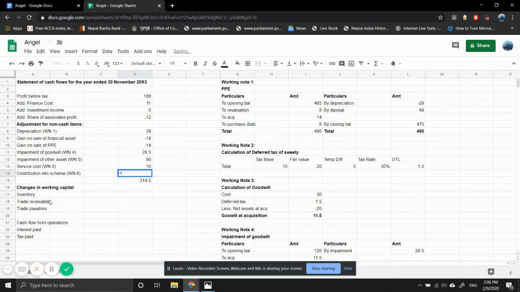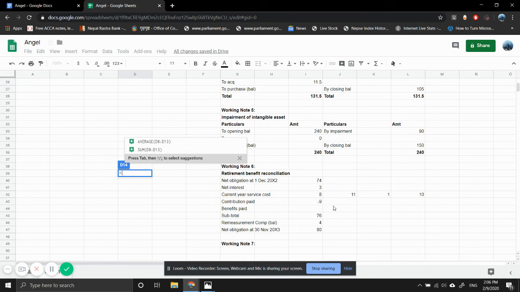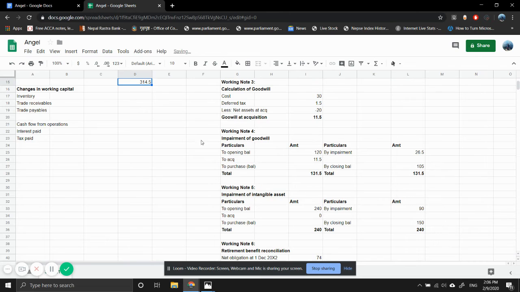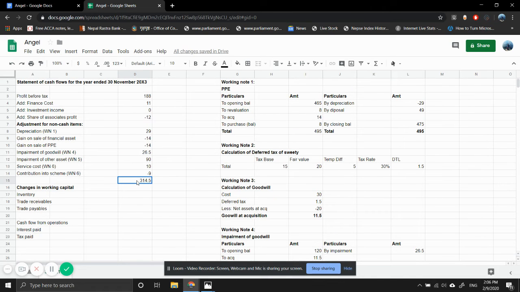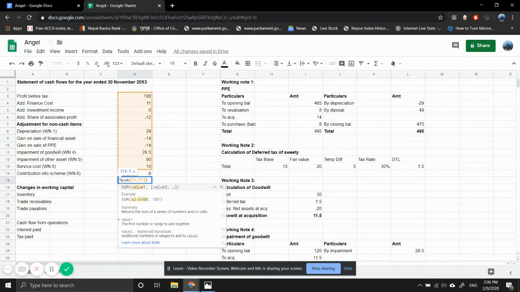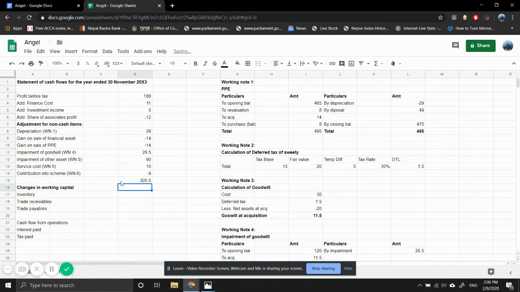So that's a cash outflow from the company, right? And that's why we will need to put this figure in as well. So contribution paid is -9, right? Yep. So why has this figure not changed? Okay.